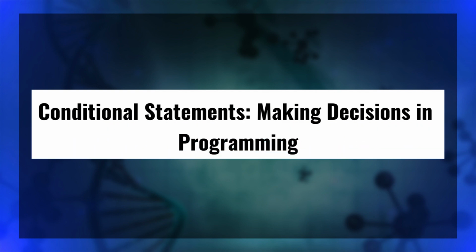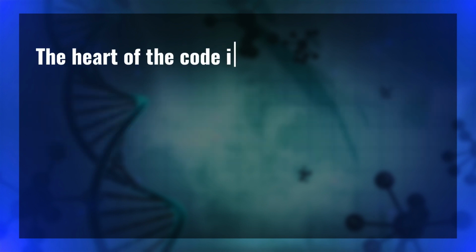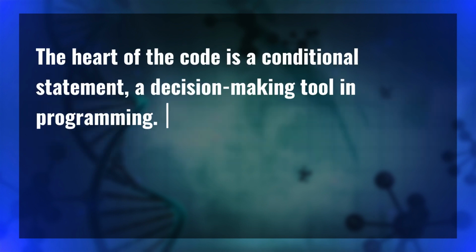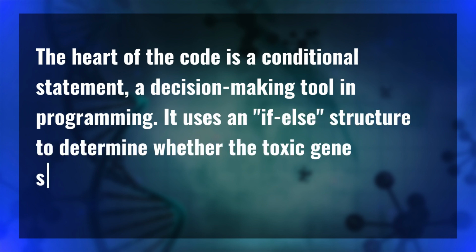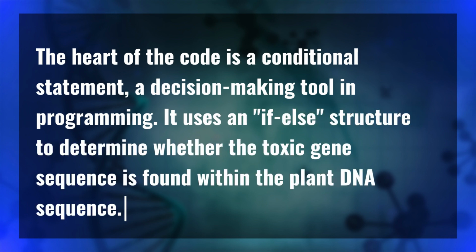After that, we also have conditional statements. The heart of the code is a conditional statement, a decision making tool in programming. It uses an if else structure to determine whether the toxic gene sequence is found within the plant DNA sequence.